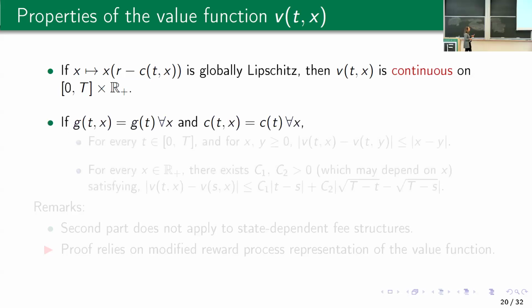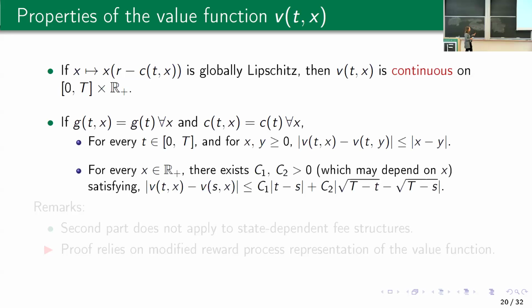Then if we put more assumptions on our fees and surrender function, basically if we remove the dependence on the value of the underlying, then we're able to study Lipschitz continuity in time and in space of the value function a bit more.